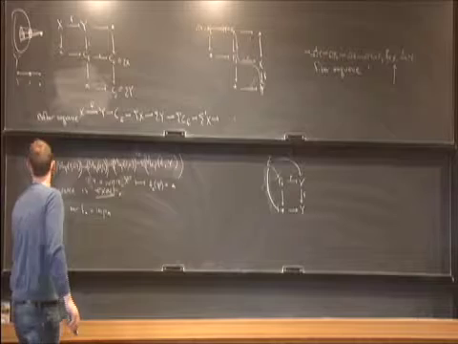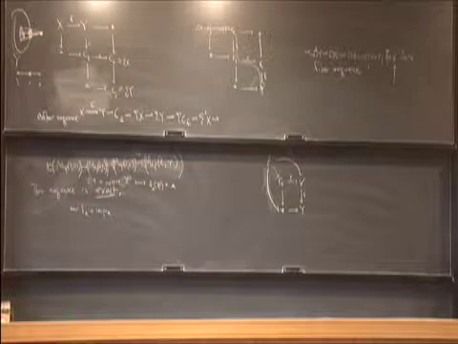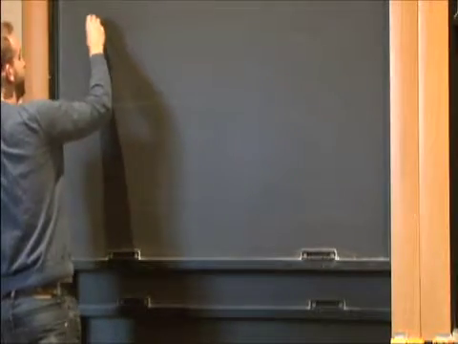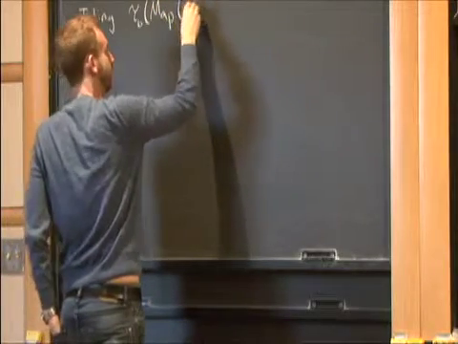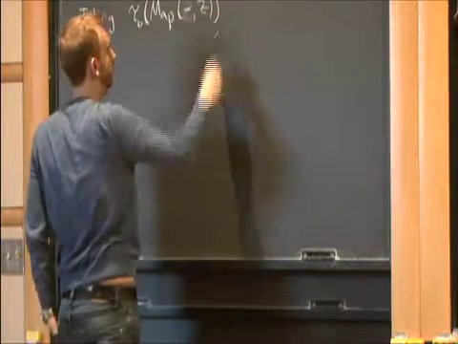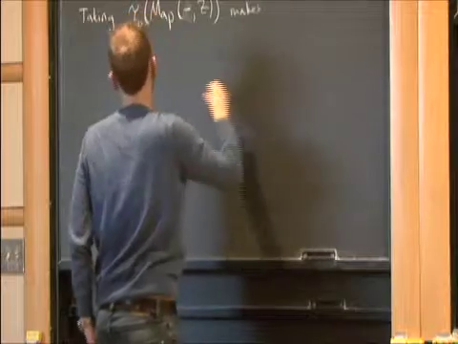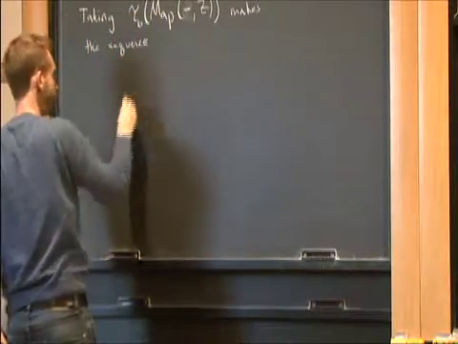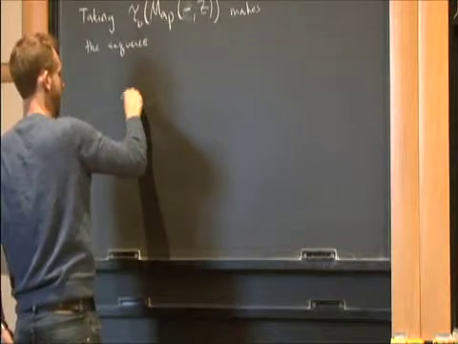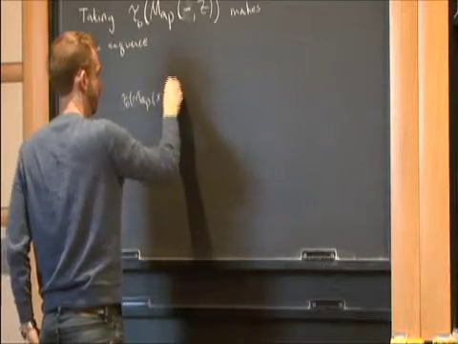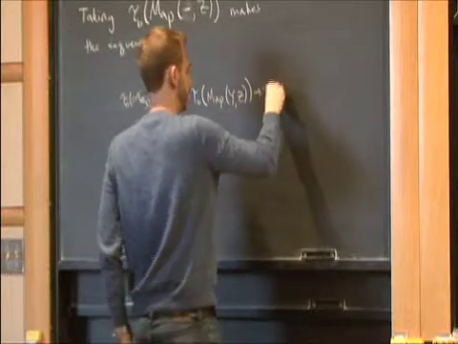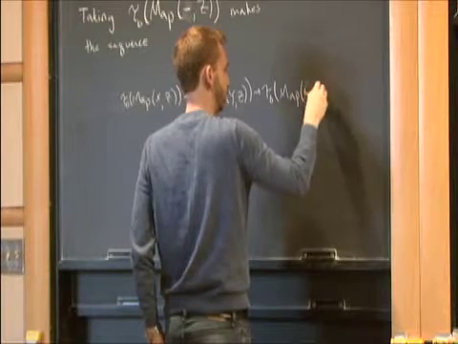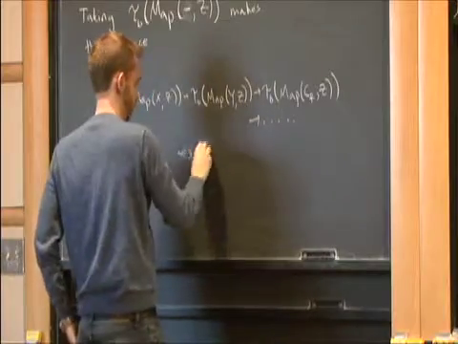So let's go over here. And of course, the same thing holds for the cofiber sequence, where I take tau naught of maps from X, or I'll just say view this as a functor like this, which makes the sequence exact.